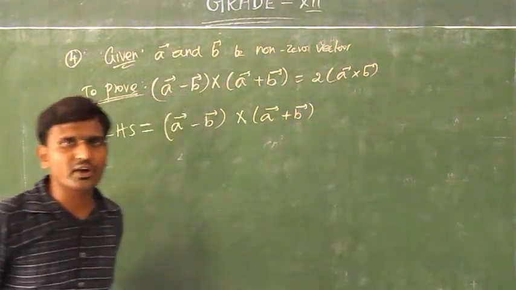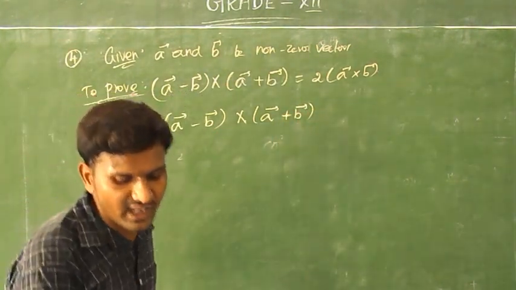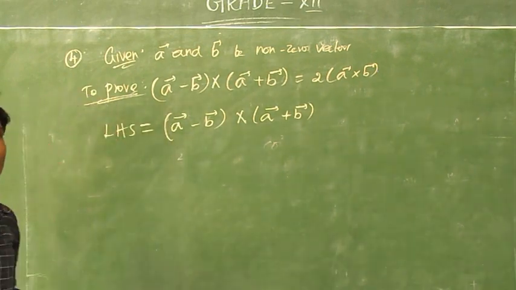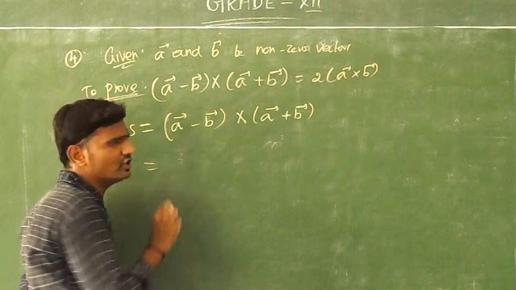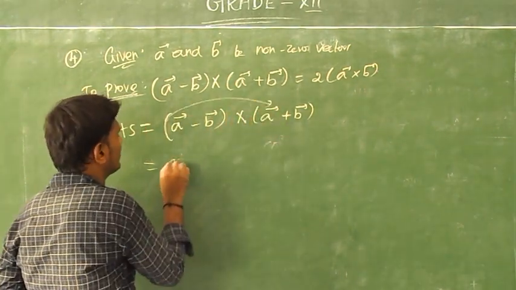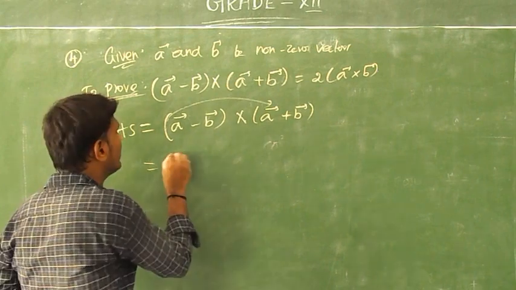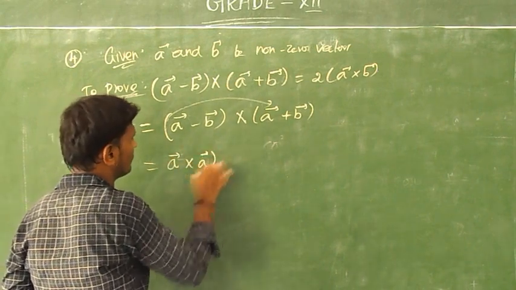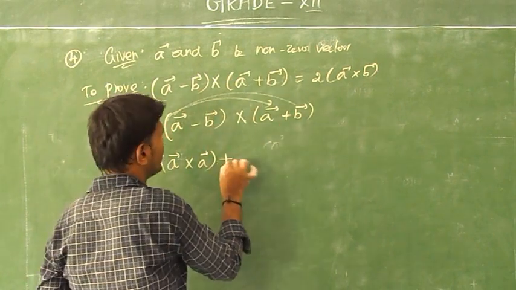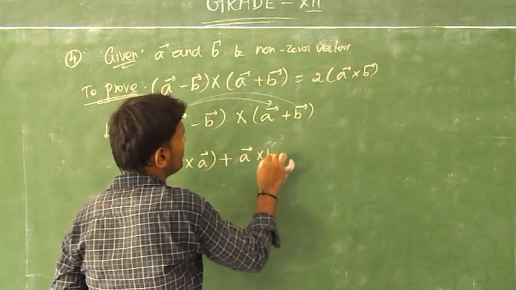So how do we take a cross product? From the definition I told you in the previous class, apply i to i, j to j. Here there is no i vector or j vector, so directly how do we multiply? That is a vector into b vector. So what will come? a vector cross a vector, and a vector cross b vector, plus a vector cross b vector.